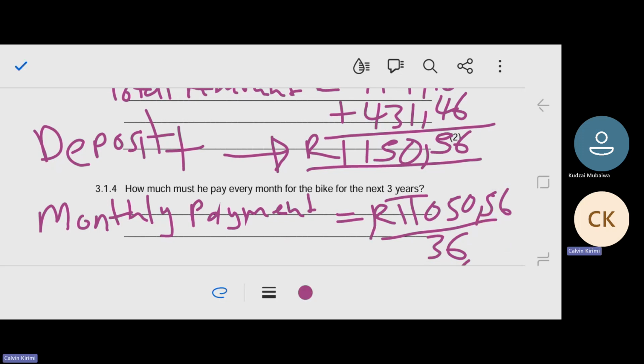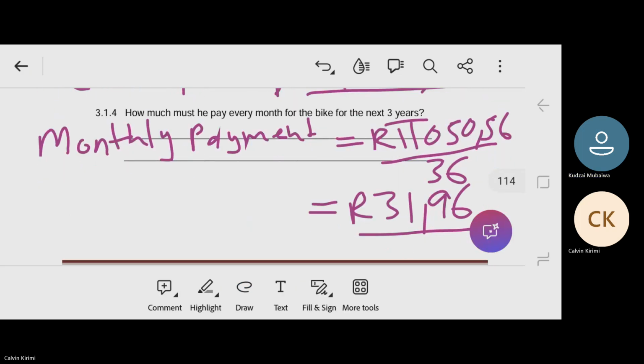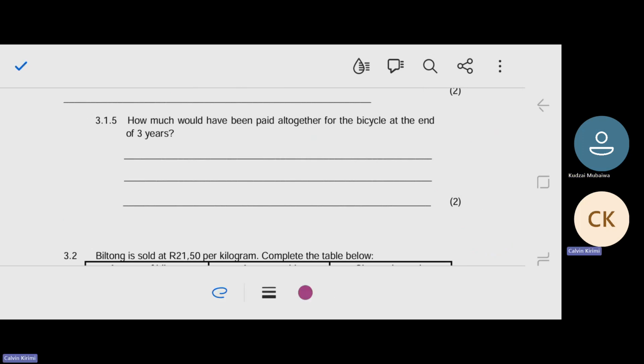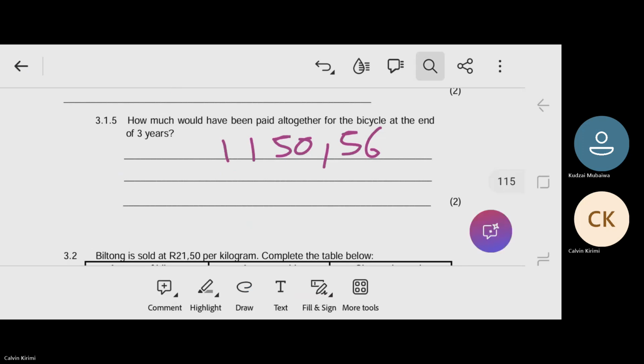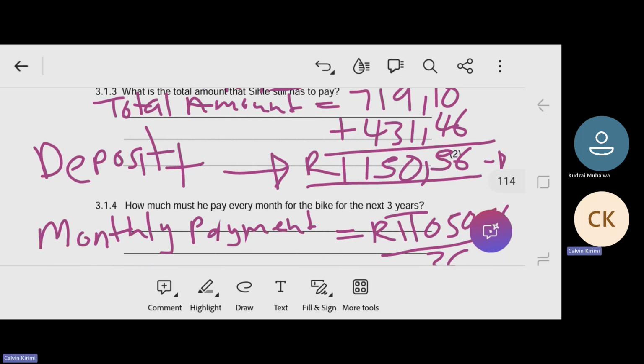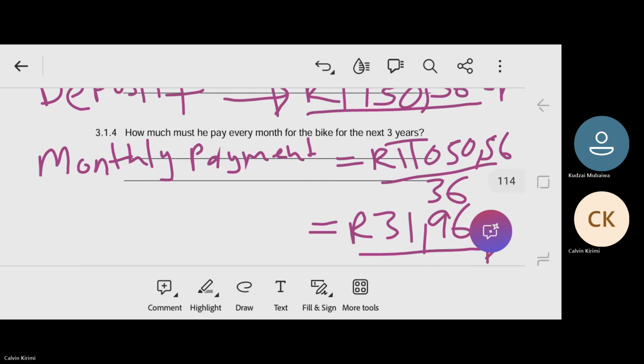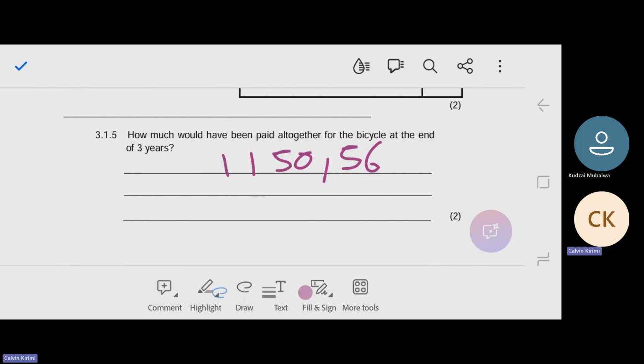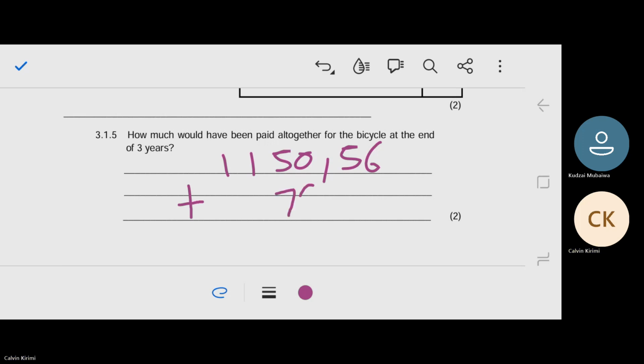So we are adding the deposit plus the amount owed. 1,150.56 plus the deposit which he paid first, 79 rand 90 cents.